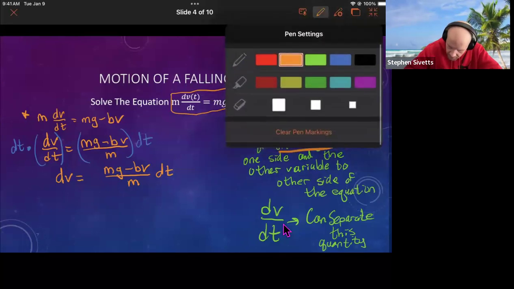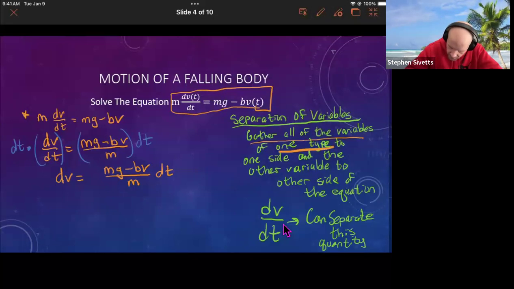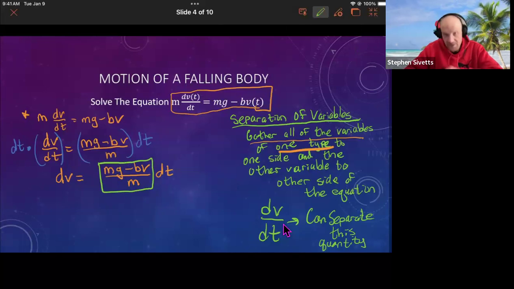So we have this quantity, mg minus b times v over m, as a function of v. So we want to gather that quantity itself onto the left-hand side. That's where the v is, right?